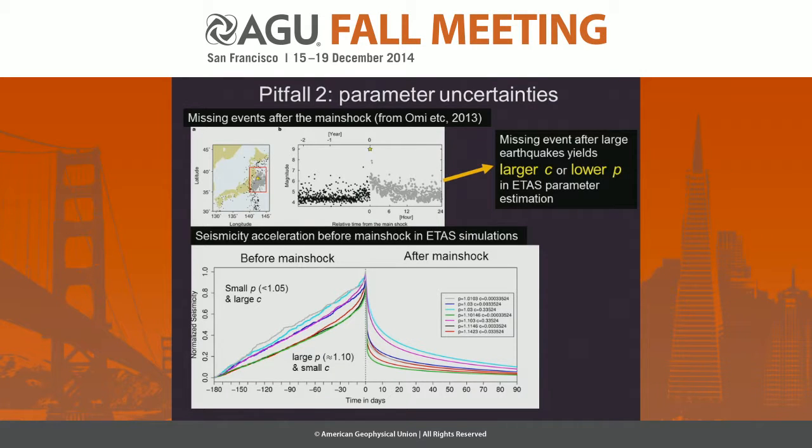Another pitfall is the parameter uncertainty. We know that immediately after a main shock, some aftershocks are likely missing in the observation. When the ETAS model is fitted to such a catalog, the parameters are always estimated with bias. More likely the parameter c becomes larger and parameter p becomes smaller.